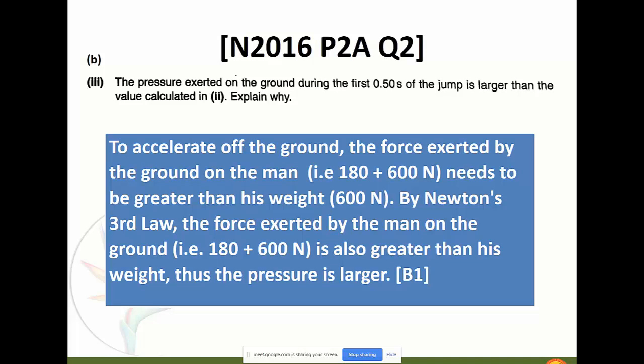Therefore, there is a larger force downwards acting. No, because of the acceleration, because of the force exerted by him by leaping. I know that's the moment you copy the answer, right?